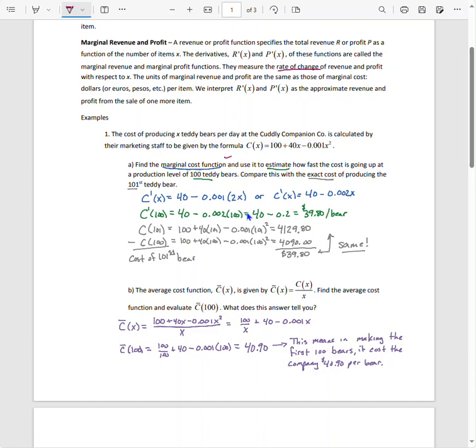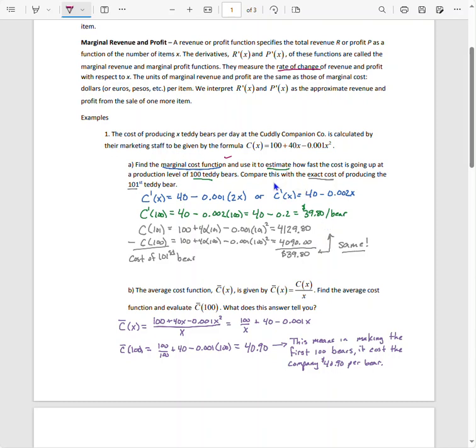I'll have 40 minus 0.2, $39.80 per bear. The marginal cost is cost per item. So the cost is going up at a production level of 100 teddy bears at $39.80 per bear.